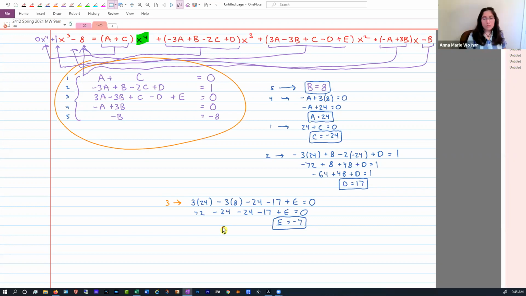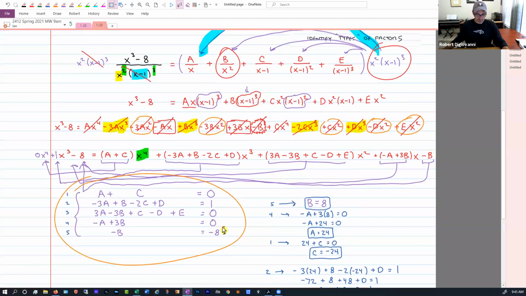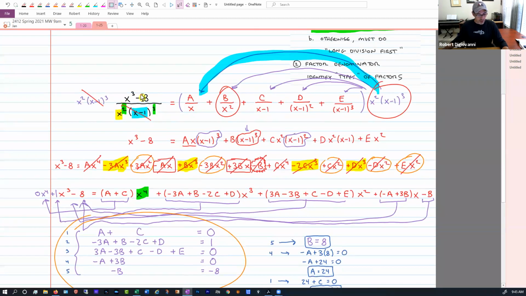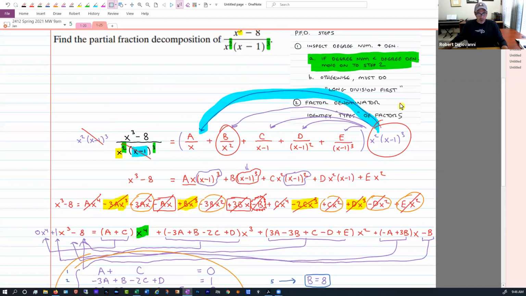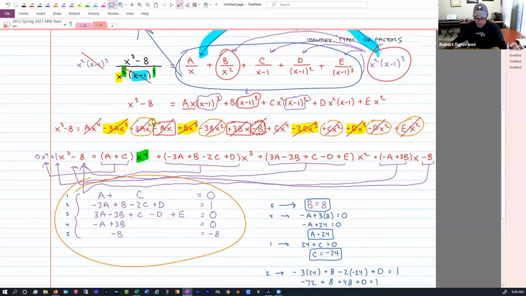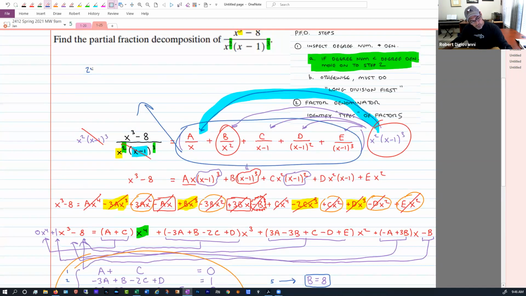All right, we made it. Now we need to write the answer. Remember, what we were doing was partial fraction decomposition on this, and we said it was going to turn out to be this, right? So it's very important that you put your numbers in the right place now. I'm going to write this up here. A was 24, so we should have 24 over x plus B. B was 8, so 8 over x squared.